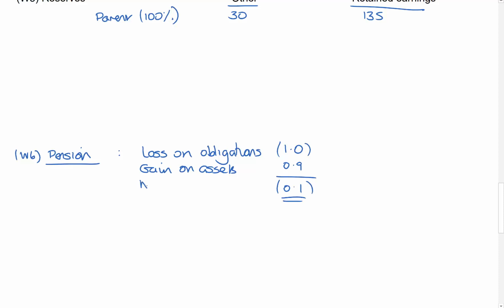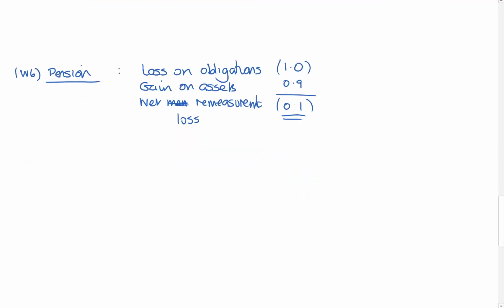So we have a net remeasurement loss of 0.1 million. Now if that's a net loss, that's going to be credit pension liability 0.1.